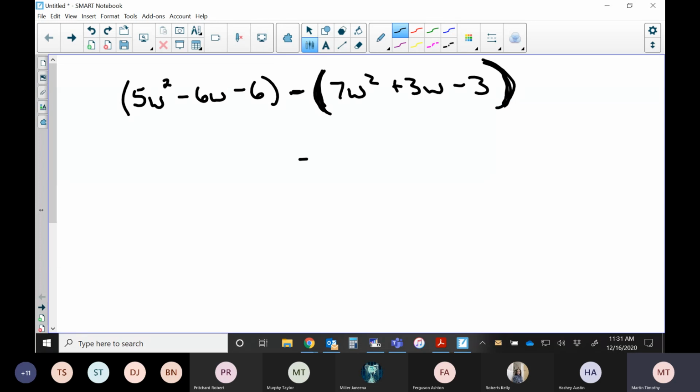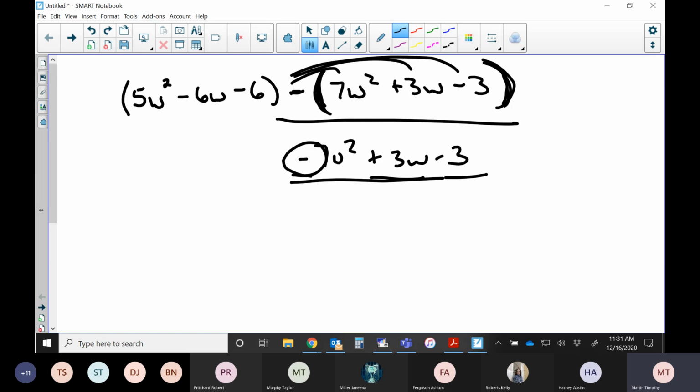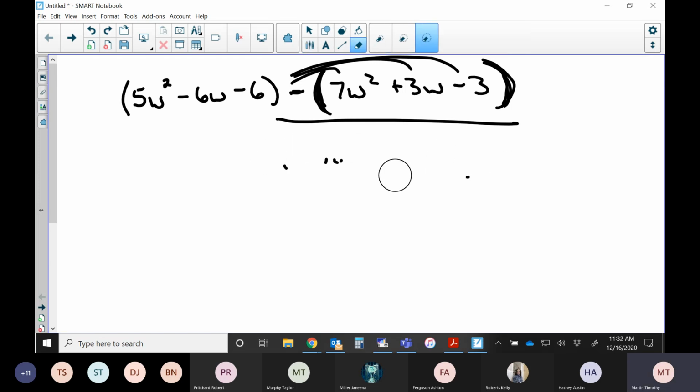Whereas if I just wrote it as minus 7w squared plus 3w minus 3, what's the difference between writing it like this and writing it with those parentheses? Because you have to distribute the subtraction. Up here, I have to distribute the subtraction, whereas here, only the 7w gets the negative. These guys would not change their signs. Does that make sense?